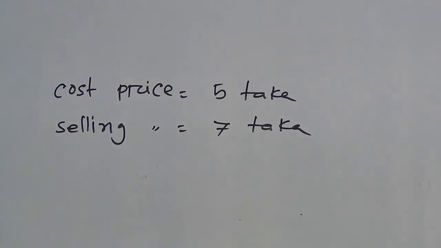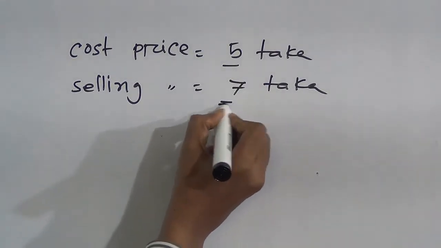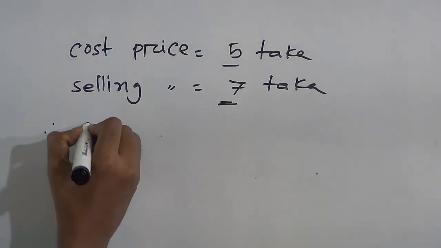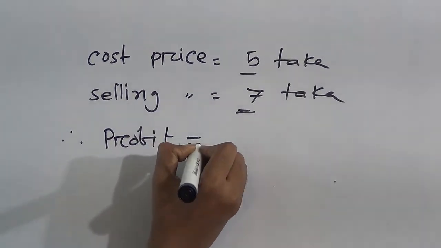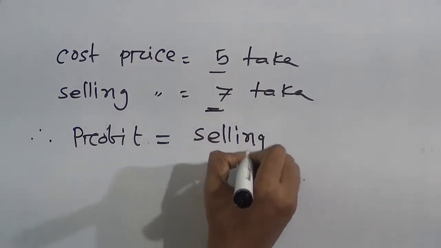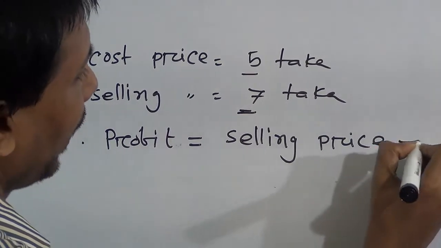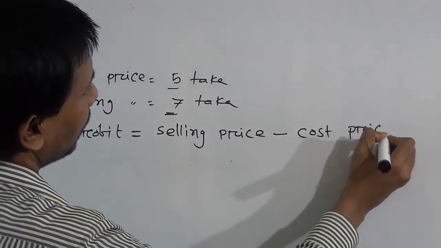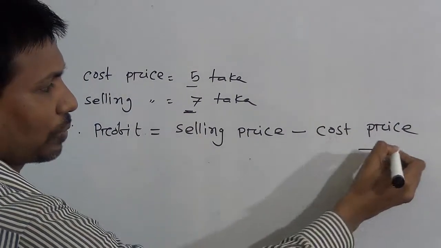You see here cost price is smaller but selling price is bigger, so there will be profit. Profit equals selling price minus cost price. That means when there is profit, selling price is more than the cost price.